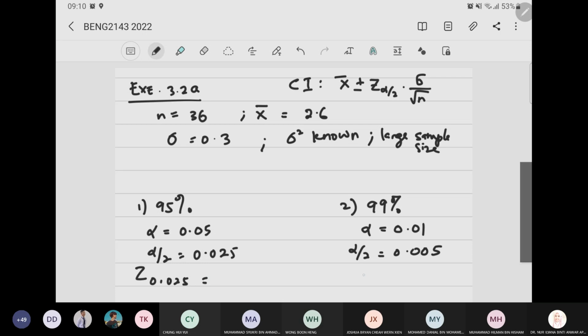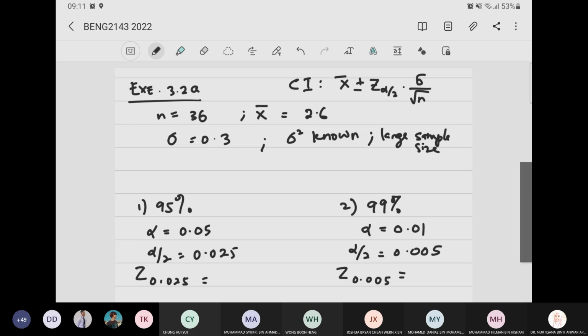We can find it from the normal distribution table, because we refer to the Z. So Z 0.025, meaning that we are searching for the value inside the table which is 0.025. I think we have done this last week.